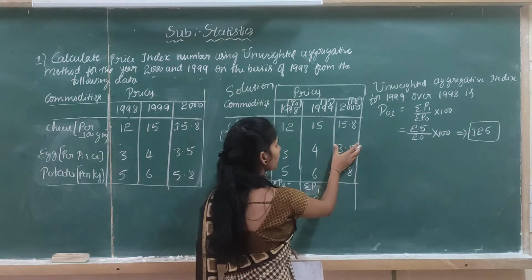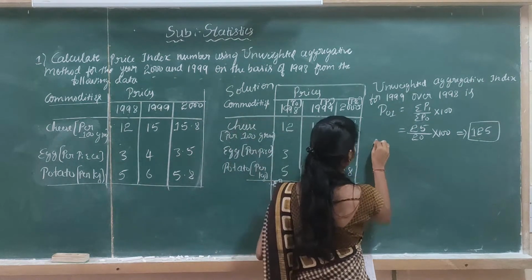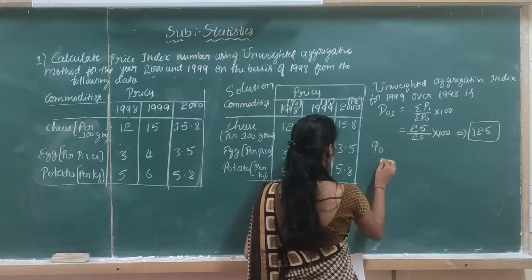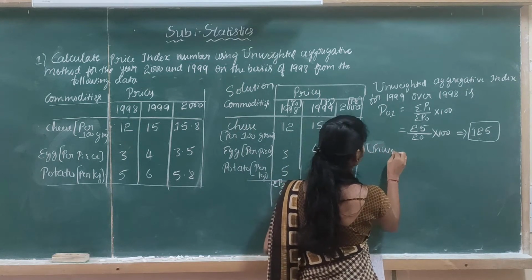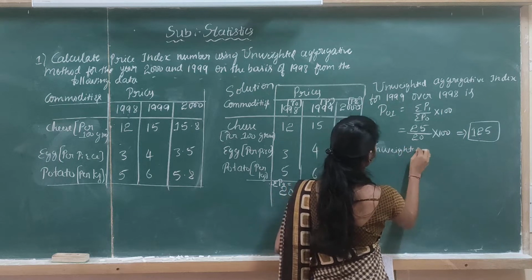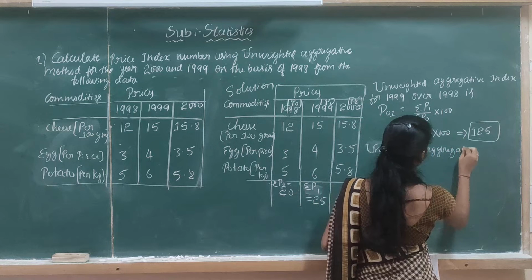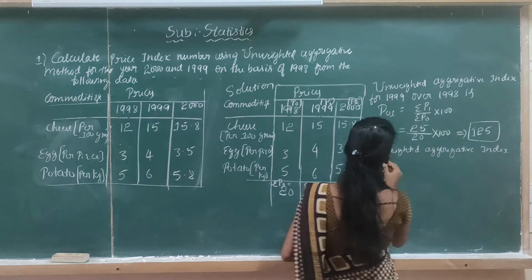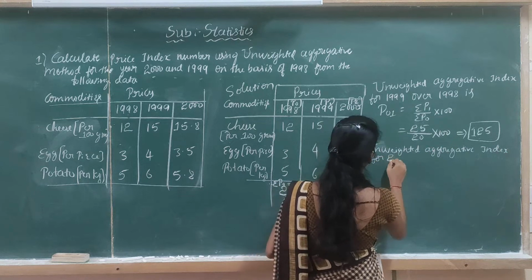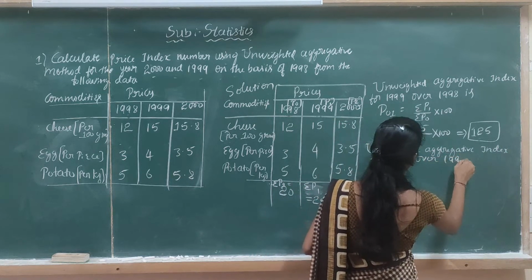Next, when comparing P2 with the base year P0, the formula is the unweighted aggregative index for 2000 over 1998.